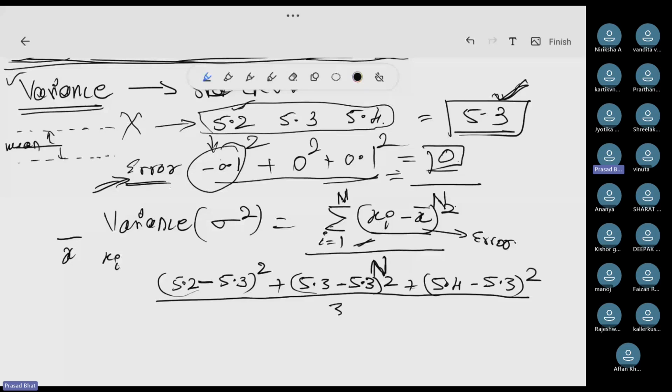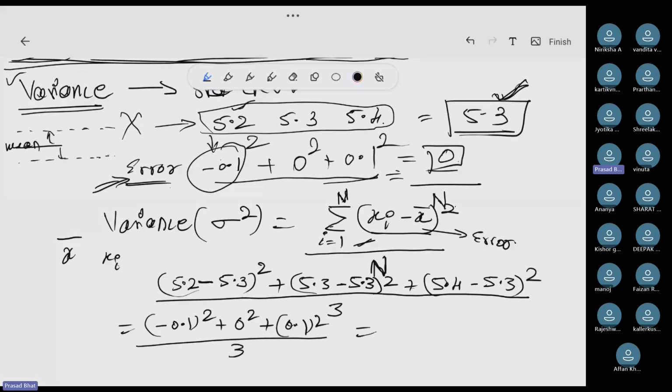Total number of samples is 3. So the answer is going to be: minus 0.1 whole square plus 0 square plus 0.1 whole square, divided by 3.